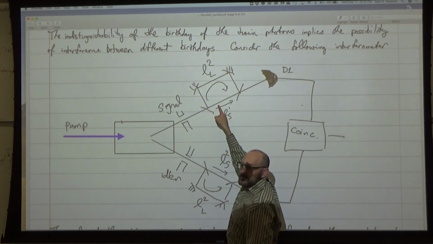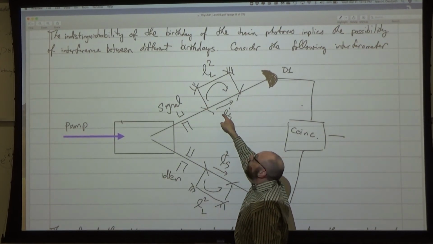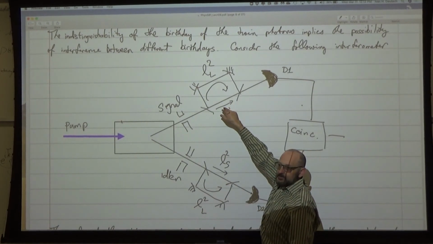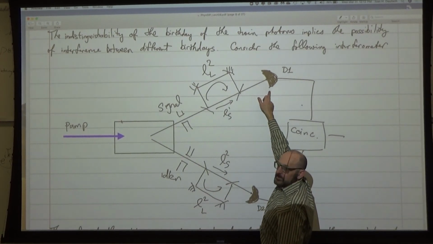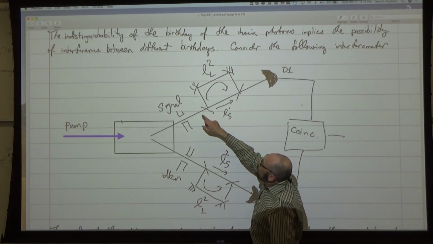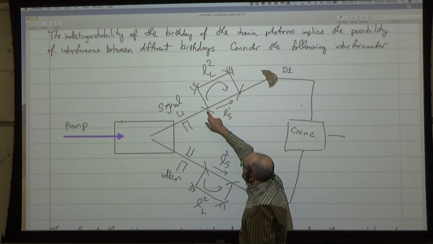This is a very imbalanced interferometer. What would I see as I slightly vary that path difference? Would I see interference for the singles? The answer is no, because it's distinguishable.